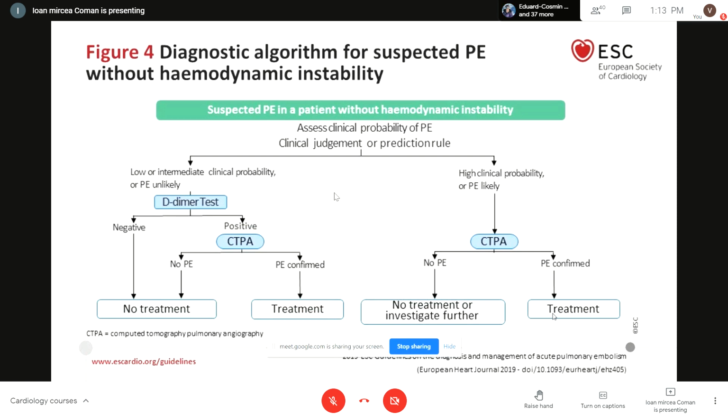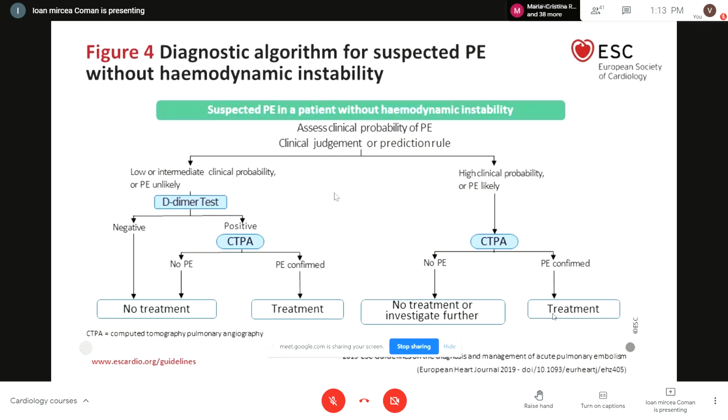Now, if we have the condition of a more stable patient without hypotension, without shock, and so on, so hemodynamically stable, then, as I told you at the beginning, if the probability by the Geneva score is low or intermediate, we shall do a D-dimer test. If the D-dimer is negative, he needs no treatment.